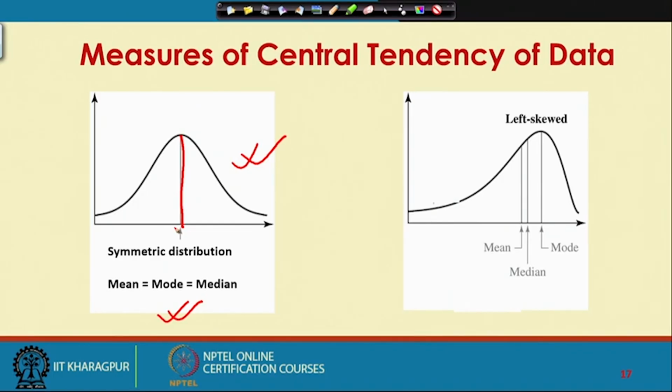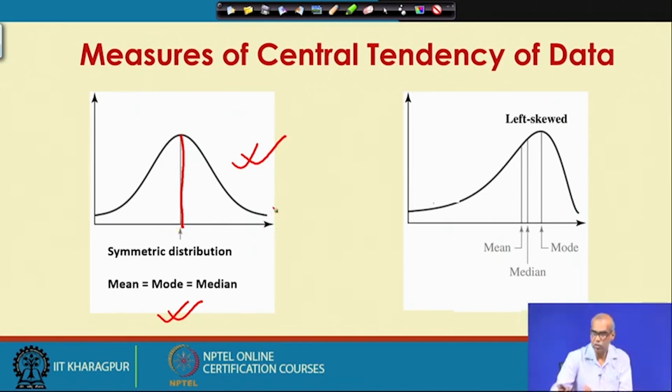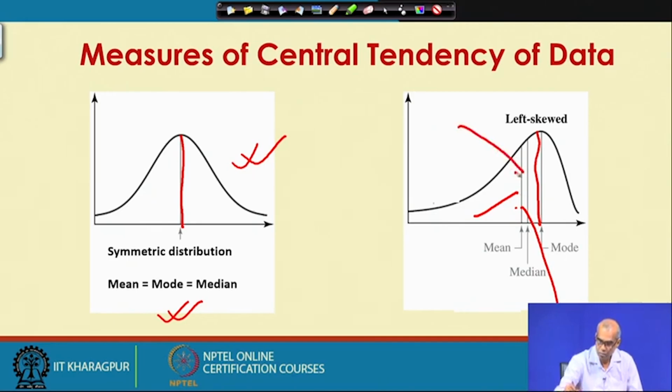But if you have instead a skewed distribution, that means the distribution is not symmetric, it is skewed. It is called left skewed here, you can also have right skewed. Then this is the mode, because this is the value that you encounter most frequently, but the mean may be this and the median may be this.